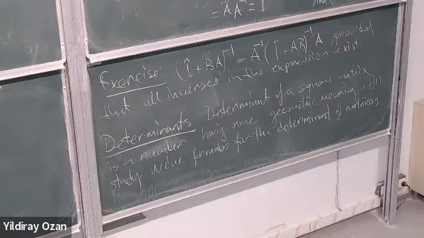Like we have seen here, if this expression is not zero, then it has an inverse, and the inverse is given by that formula. For example, the determinant of 2, 3, 4, 5 is 8 minus 15, so it's minus 7.